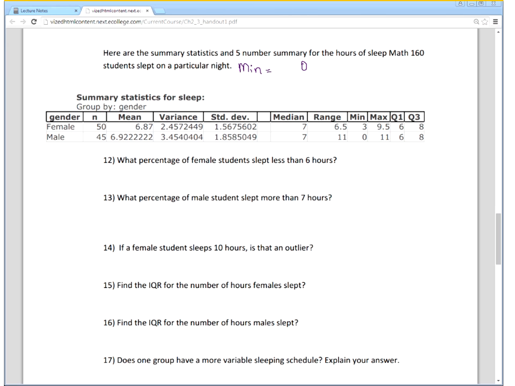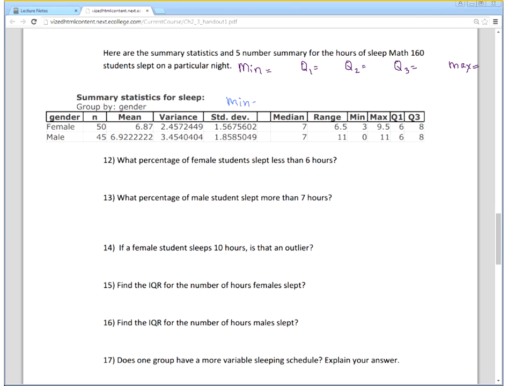You're looking for the minimum, the first quartile, the second quartile, the third quartile, and the maximum. That would be the one for females. And I'm going to do it all again for males.